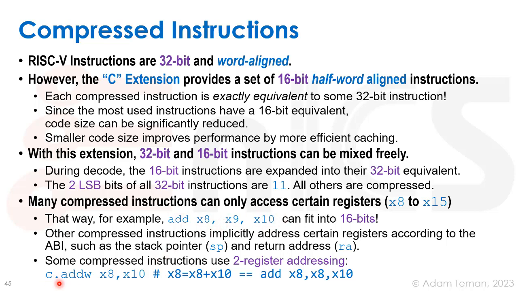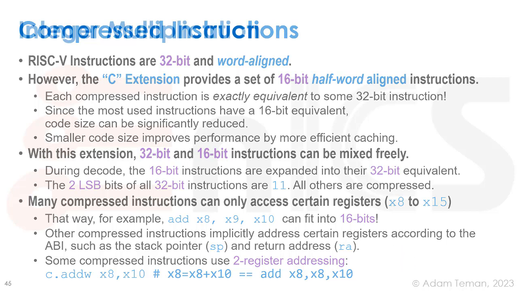Something like c.addw x8, x10 uses 2 operands, but it actually does x8 equals x8 plus x10. You can also do all kinds of things with the stack pointer and with the return address that are easy to compress. So there's this whole set of instructions defined in the compressed standard, which enable us to really reduce code space. That's a nice type of extension to include in your microarchitecture.